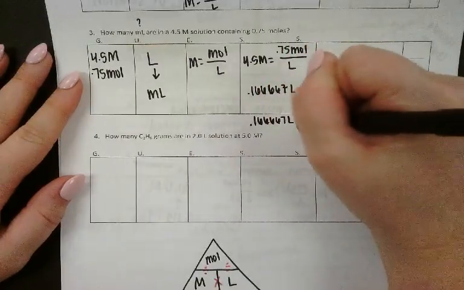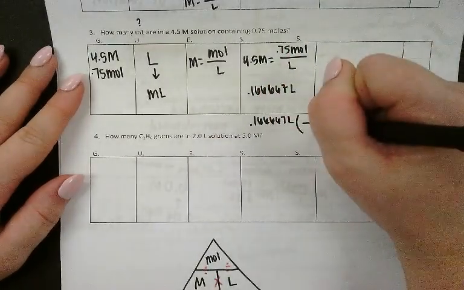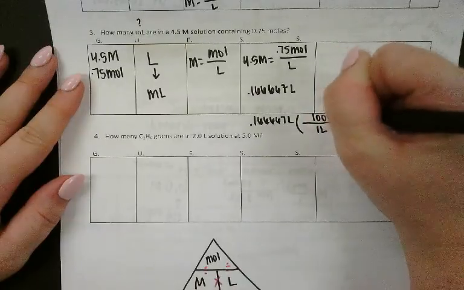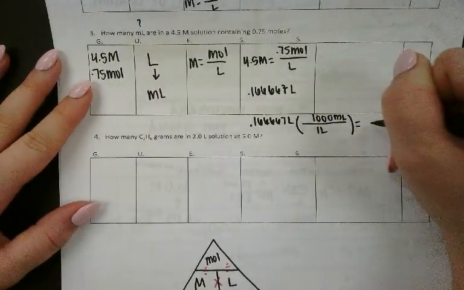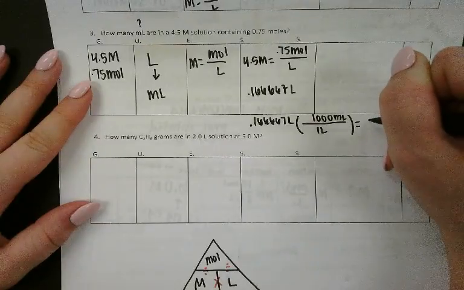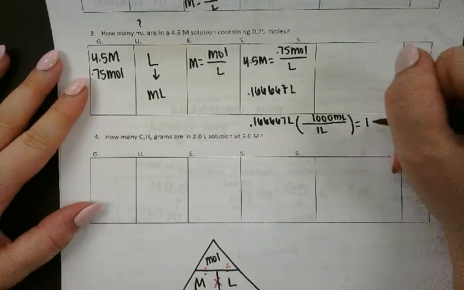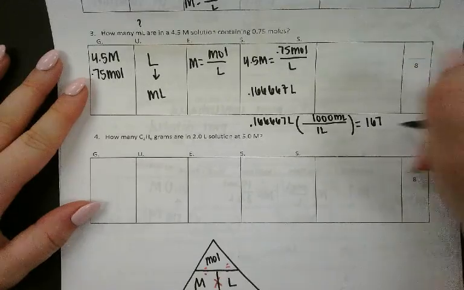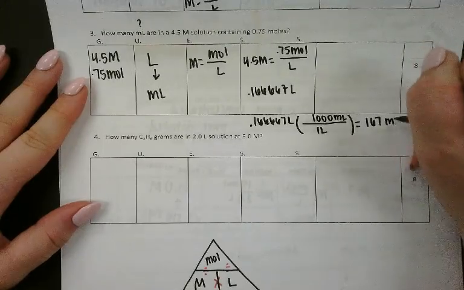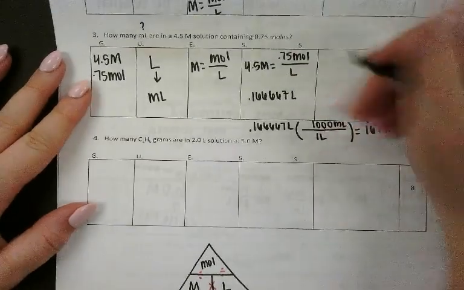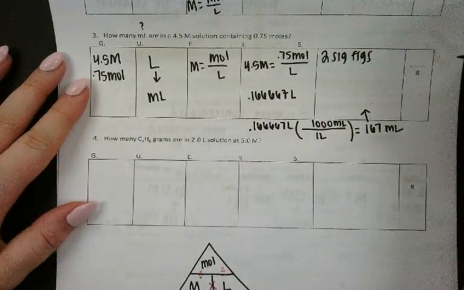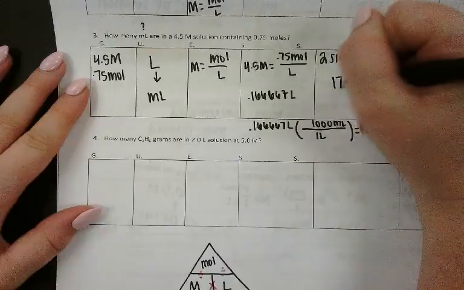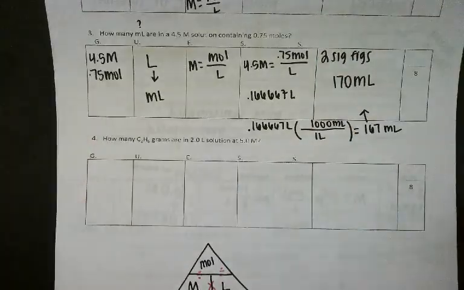I would just take this, and you have this conversion. It's in your chart, okay, and you end up with 167 milliliters. But we need 2 sig figs. So with 2 sig figs, this rounds to 170 milliliters.